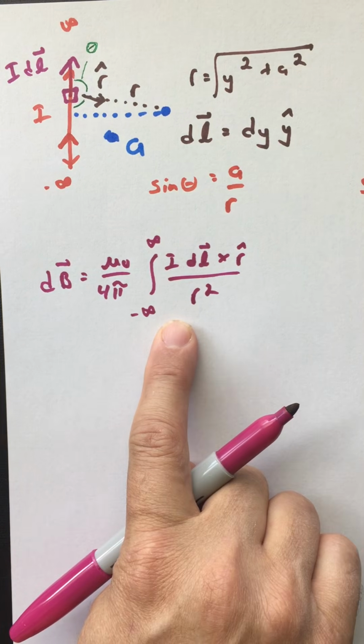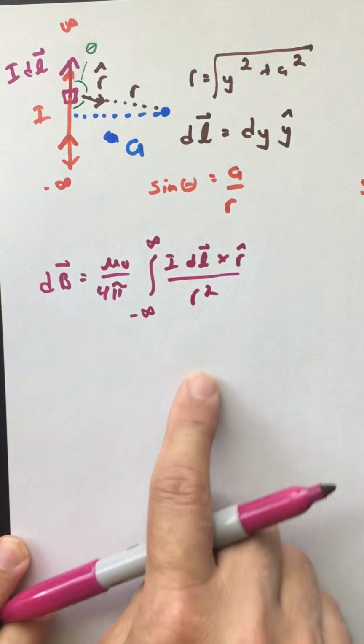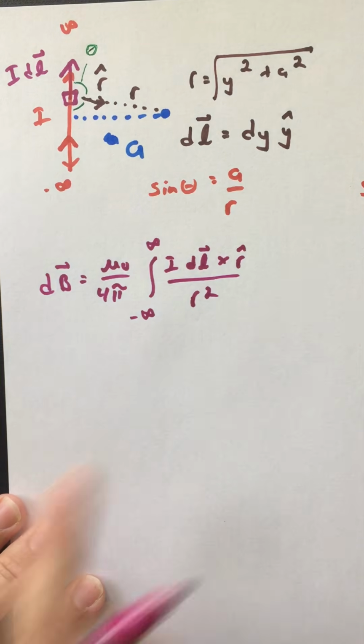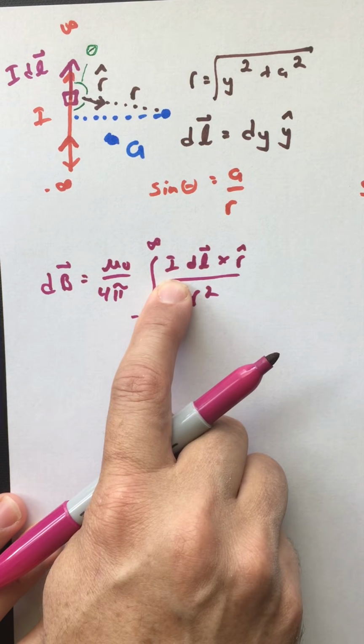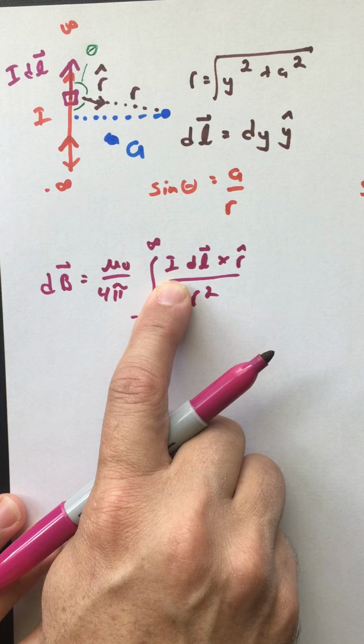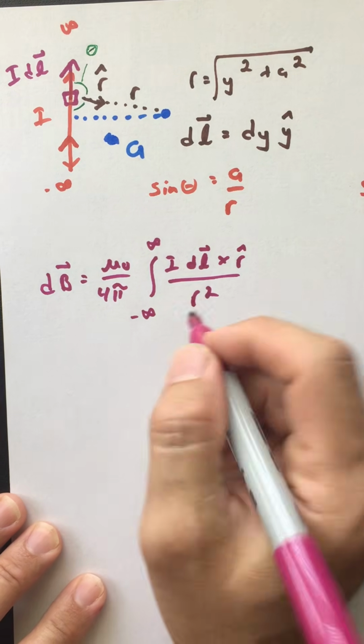Now that I've written this down in the general form, let's do some replacing from what I already have here. Before we do that, let's pull out anything that's constant. I is constant, that's why I write dI as I dl in the first place, so that I can pull out the constant. So let me do that.